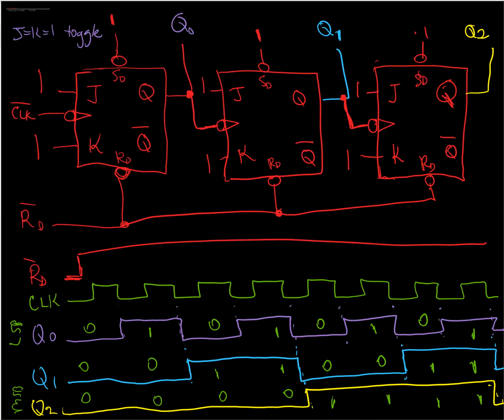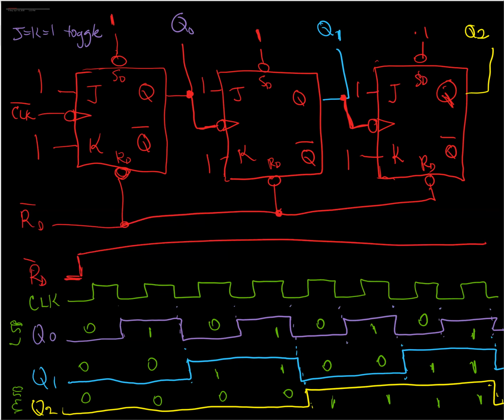And then you can see all three go back to 0. So when I turn my head sideways and look at these Q outputs, this circuit is counting in binary: 0, 1, 2, 3, 4, 5, 6, and 7.